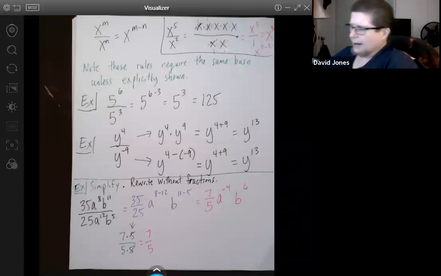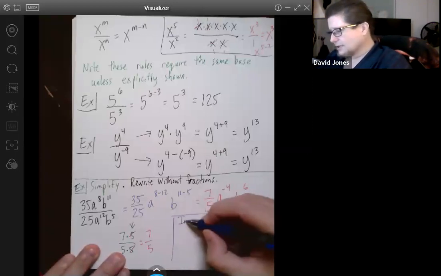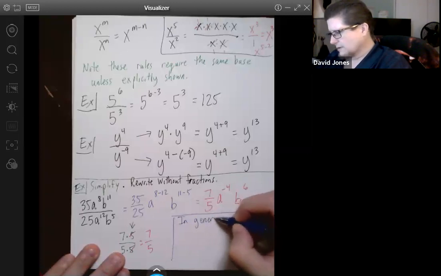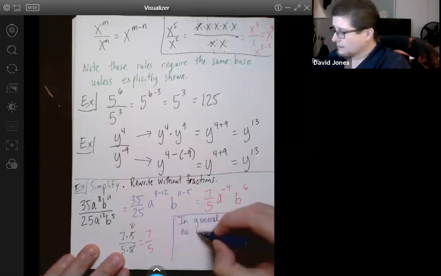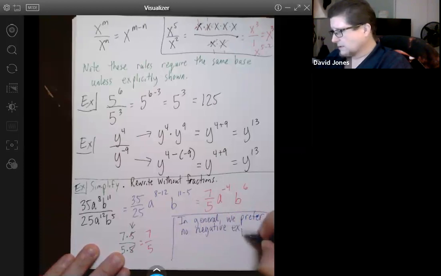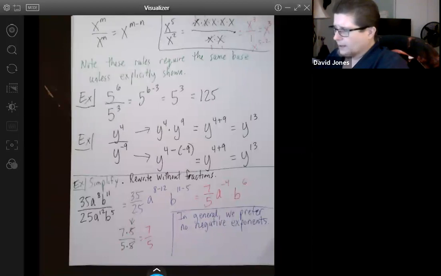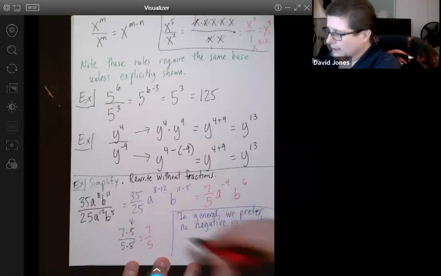So that was rewriting without fractions. In general, though, we prefer no negative exponents. So rather than leaving that as a to the -4, I'm going to rewrite that.